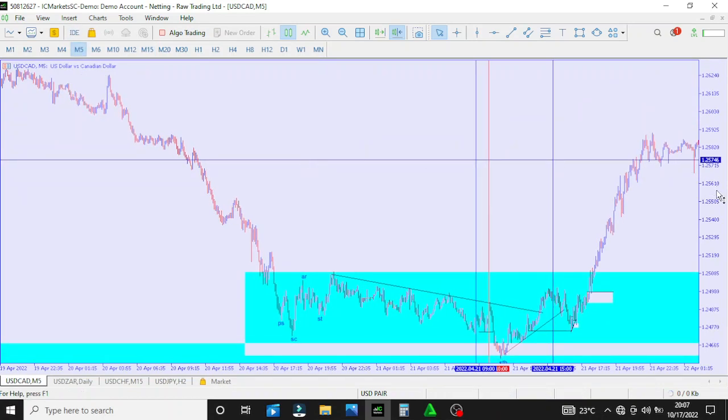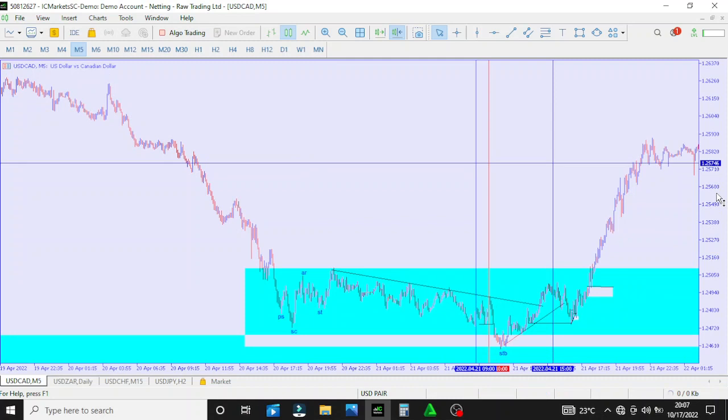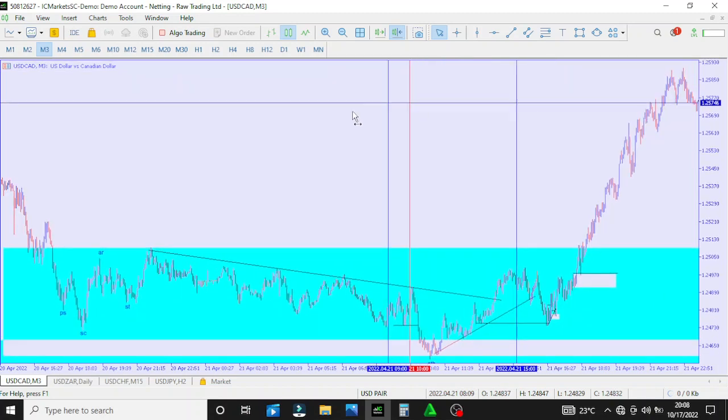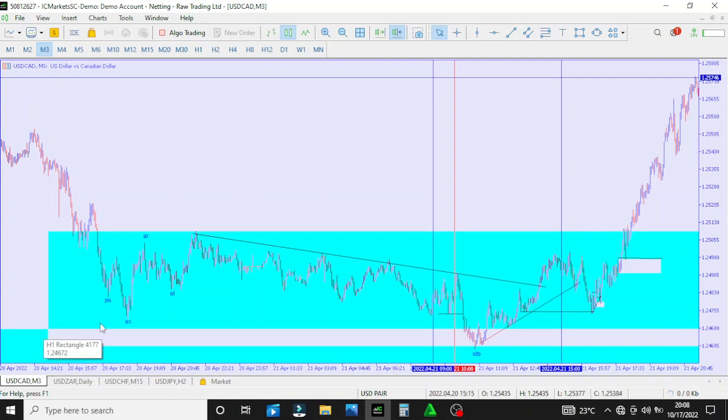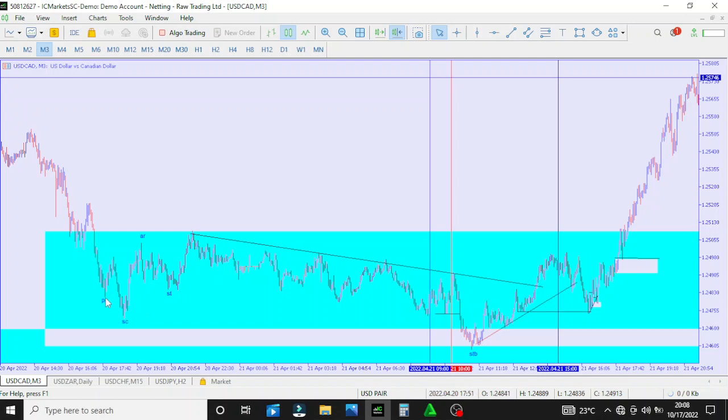You see this type 2 accumulation after the price mitigated the H1 point of interest. That's where time and price comes in, because markets, guys, are fractal. You see, it's a nice accumulation, with PSY, climax, integration, secondary test.